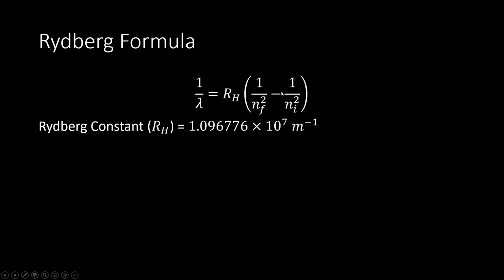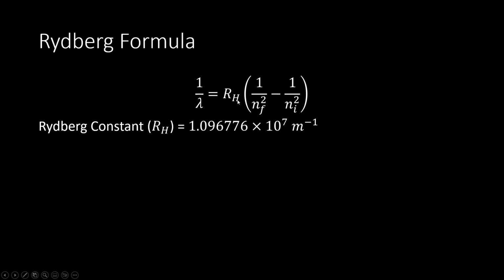A common error that happens when using this equation is either forgetting to square your denominators or taking the difference and then squaring it. What you are actually doing is taking 1 over the final energy level squared minus 1 over the initial energy level squared.